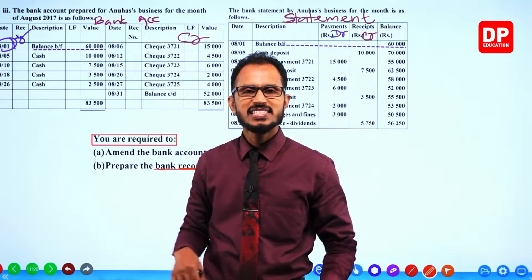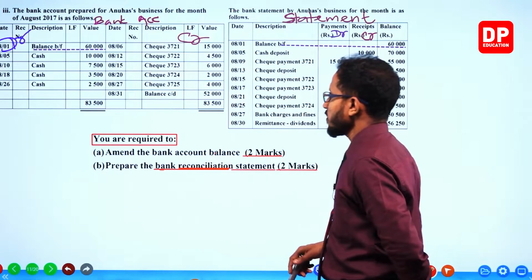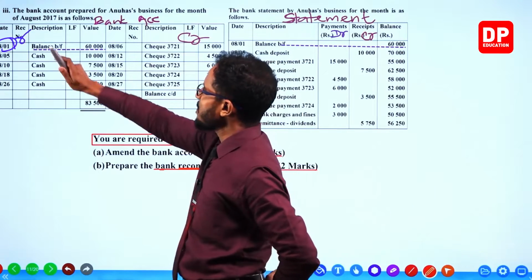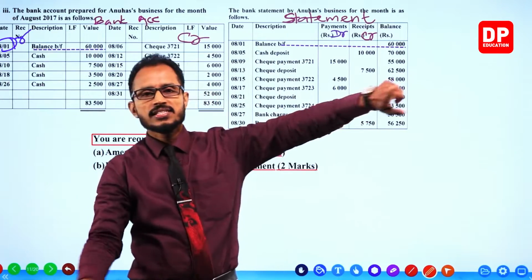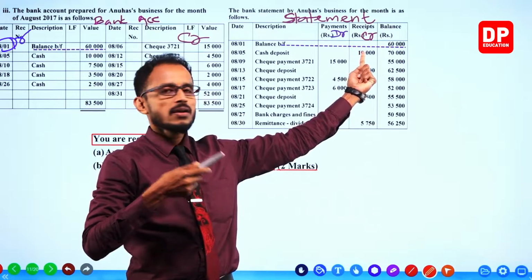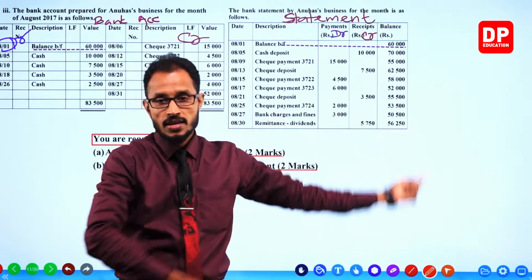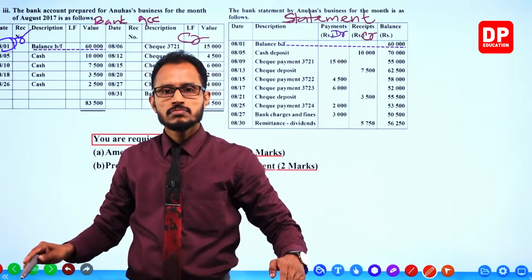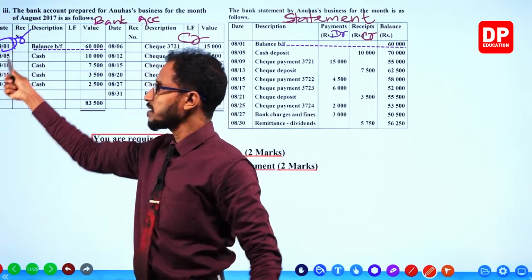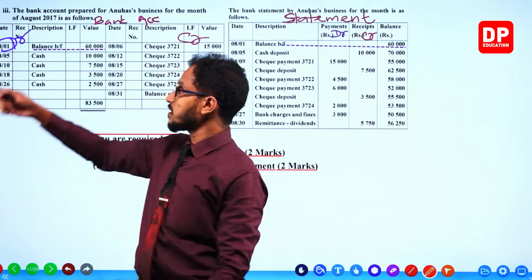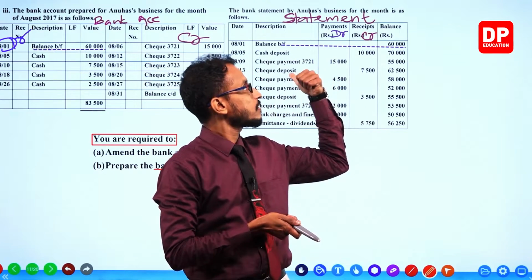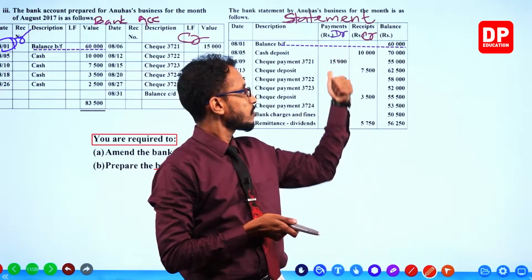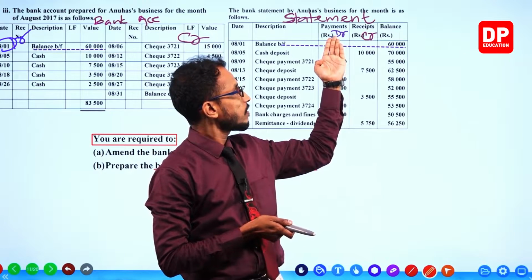The full lesson is there. We check the debit side of our bank account with the credit side of the statement. We compare debit with credit, credit with debit.